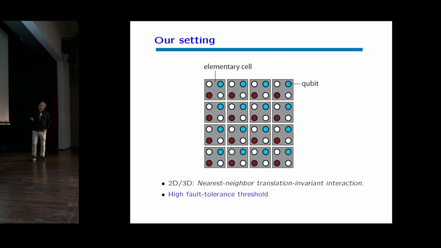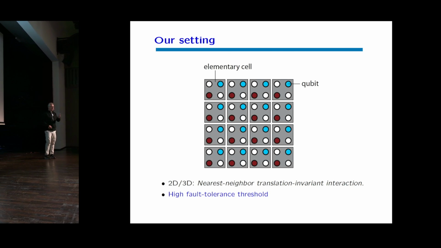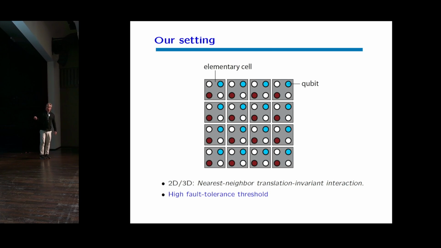So that's what this work is about. And I say 2D and 3D because that refers to circuit model 2D, cluster state 3D. There's always this pairing. You can use these ideas in both. And the threshold is higher, so that's why.